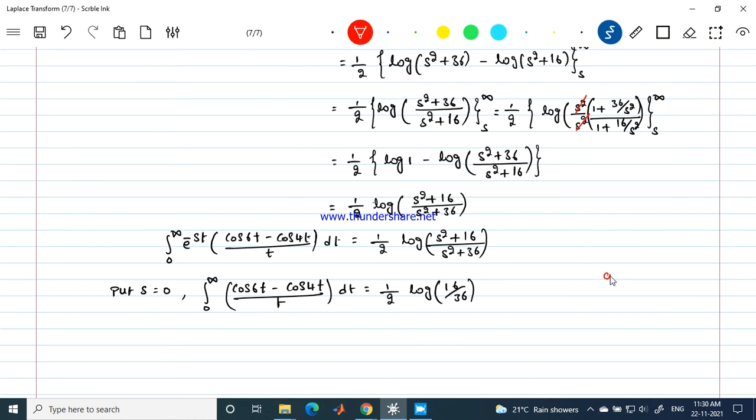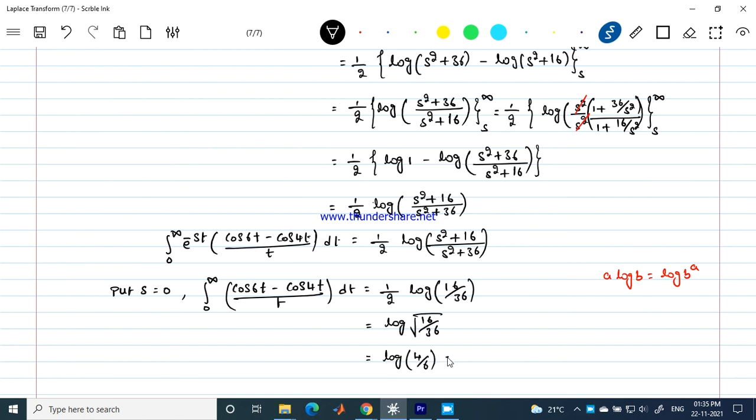On using a log b is equal to log b power a, this becomes log of square root of 16 divided by 36, that is equal to log of 4 by 6 or log of 2 by 3.